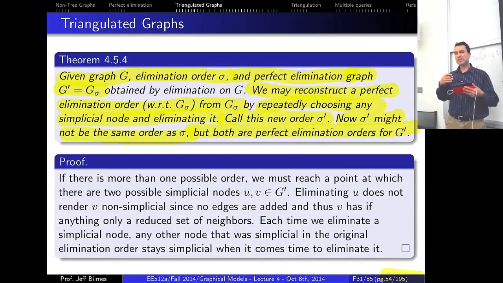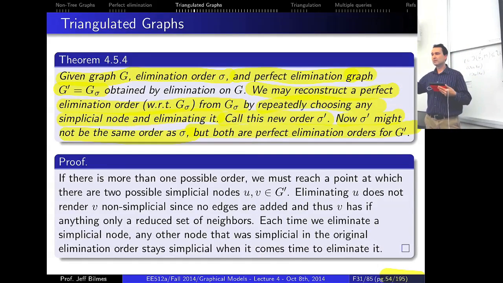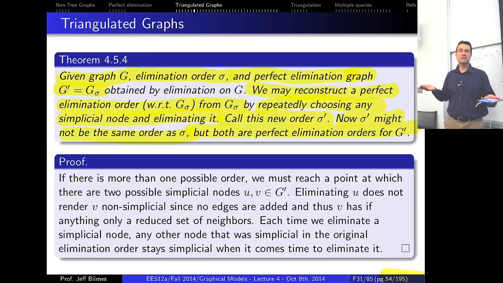It should be clear that if it's a series of simplicial vertices, it will be a perfect elimination order, because just by the definition of a simplicial vertex, when you eliminate a simplicial vertex, we're not adding any fill-in. So any of the orders that have that property are essentially simplicial.